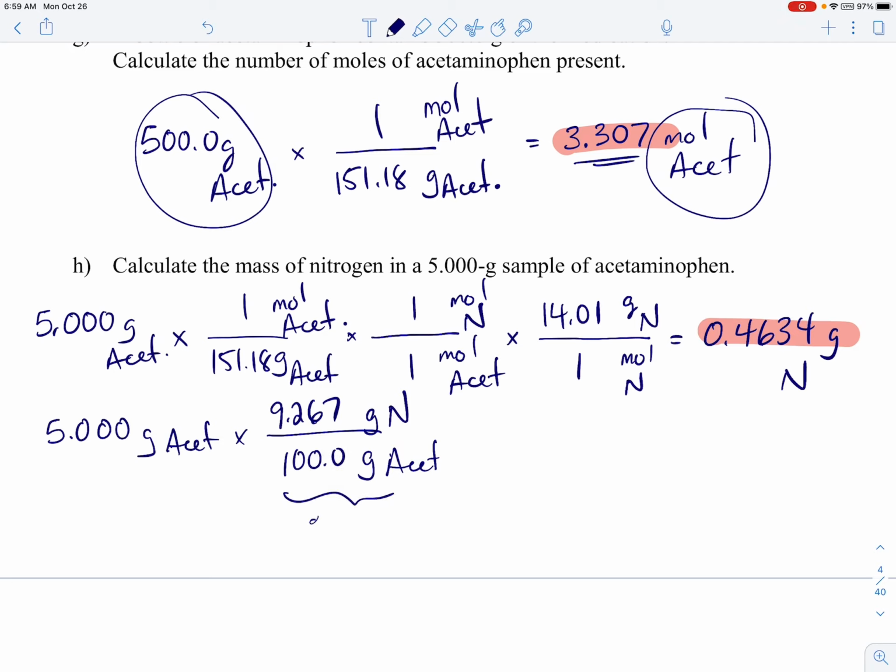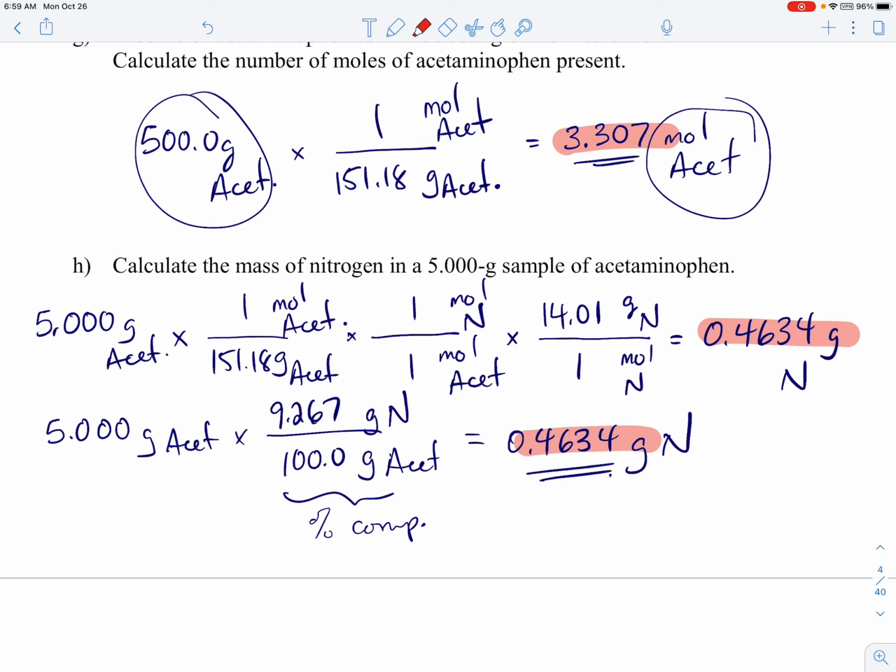This is from the percent composition that we had done earlier. If you do that, you're going to get the same answer, 0.4634 grams of nitrogen.